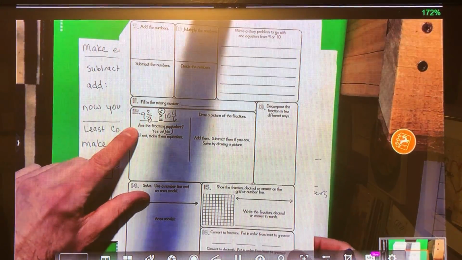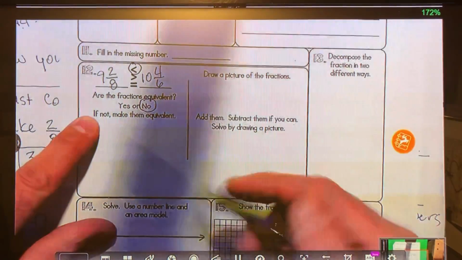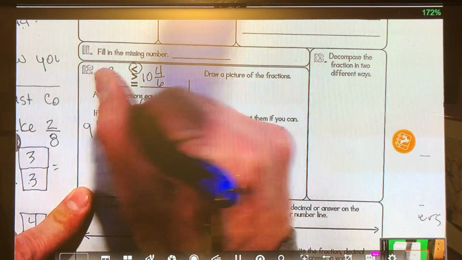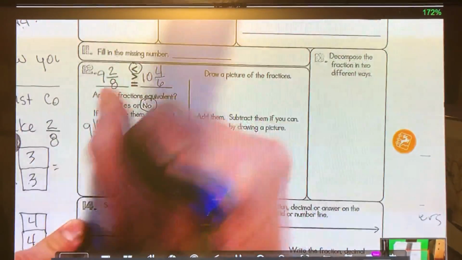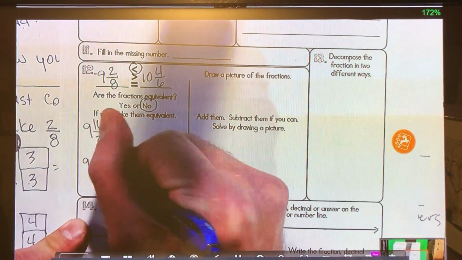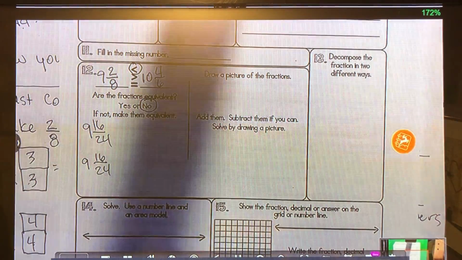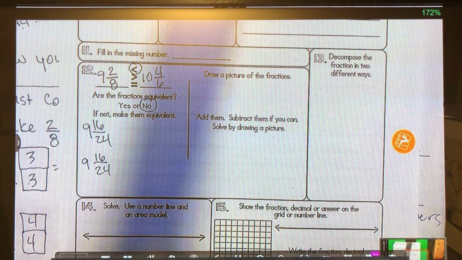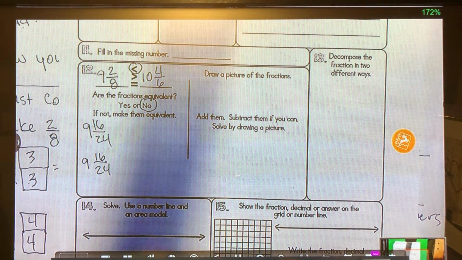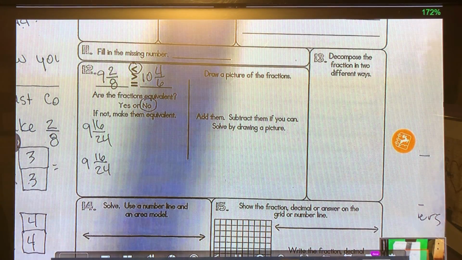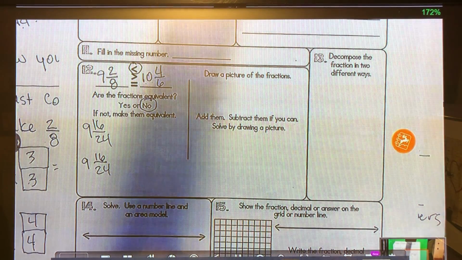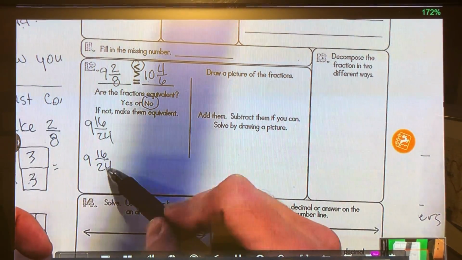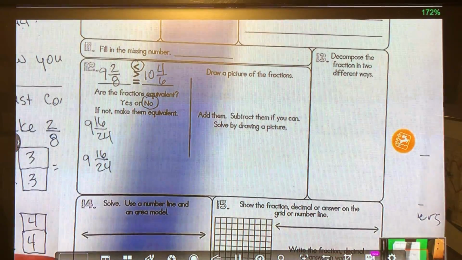It does not tell you in number 4 to put your two new fractions, 9 and 16 24ths and 9 and 16 24ths, in simplest form, but a big rule of thumb when you are making fractions equivalent, or you're ordering fractions, whatever operation you're doing with fractions, you want to make sure to put your final answer into simplest form.